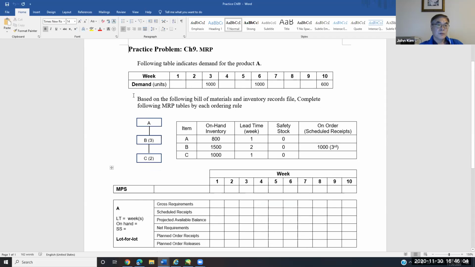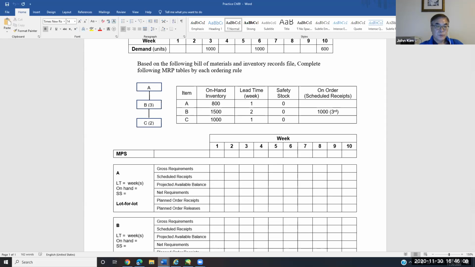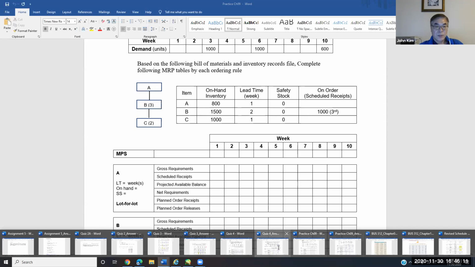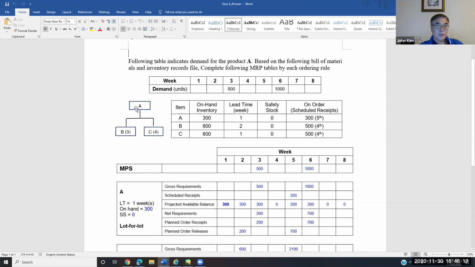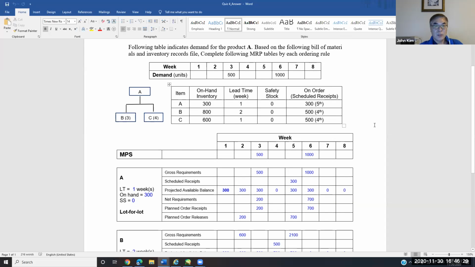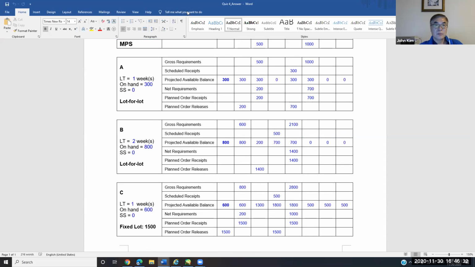So when you go back to the answer here, if it is bill of material, B directly connected to A, C also directly connected like this, then when you determine order quantity, requirement, and like this.